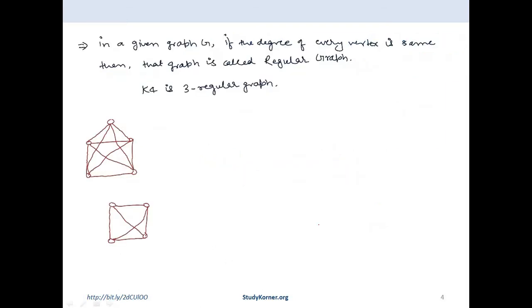Now, in a given graph, if the degree of every vertex is the same and it is a complete graph, then that graph is a regular graph. If every vertex has the same degree, then that graph is called a regular graph. Let's consider the previous K4 graph.